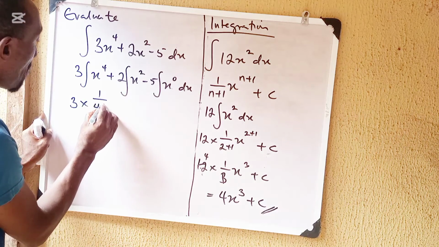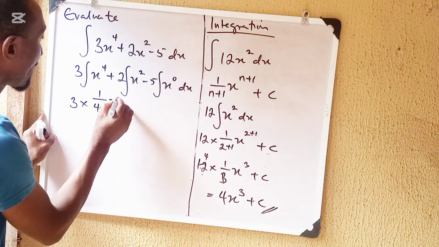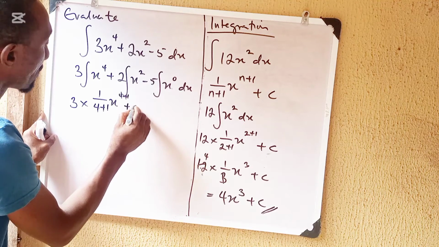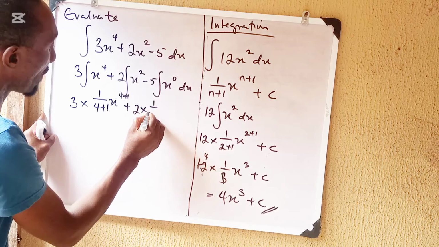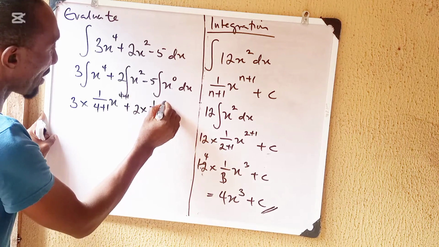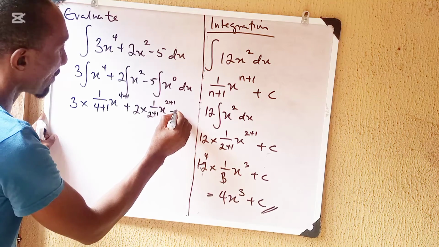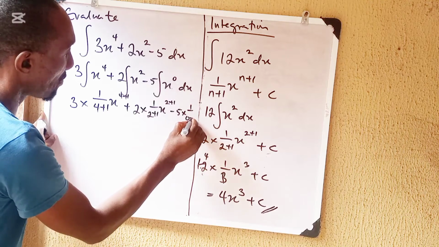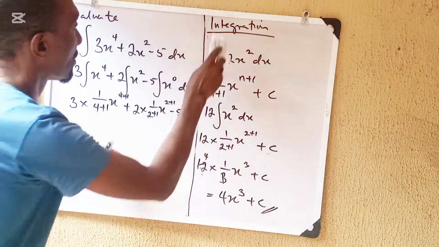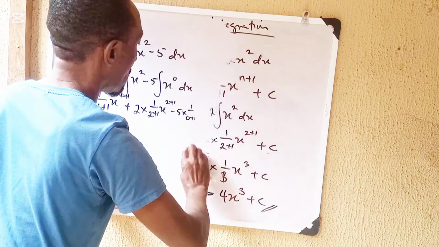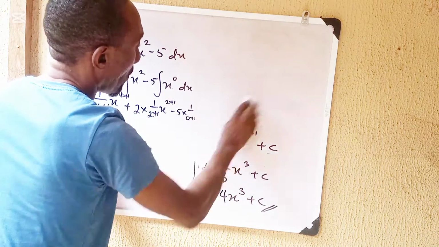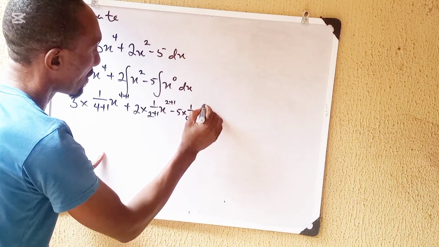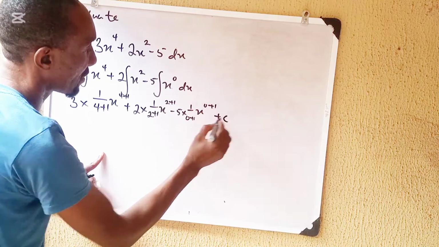So we have 4 plus 1, then x to the power of 4 plus 1, then plus 2 multiplying 1 over 2 plus 1, x to the power of 2 plus 1, then minus 5 multiplying 1 over, this is 0, remember, 0 plus 1, x to the power of 0 plus 1, then plus c.